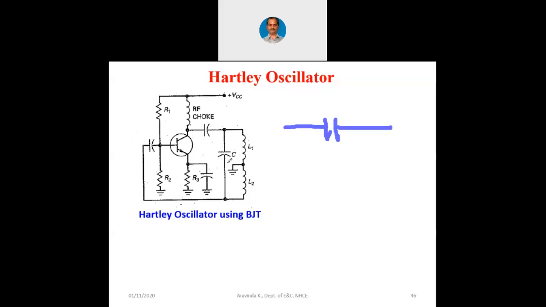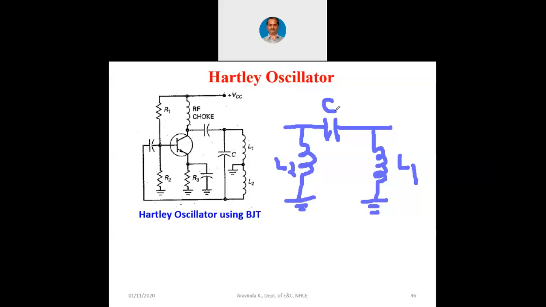Output is connected back to input by means of this C. And we have one inductor L2 at the input and L1 at the output. So this is now L2 and this is now L1 and this is now that C.